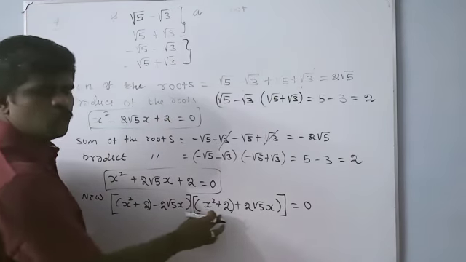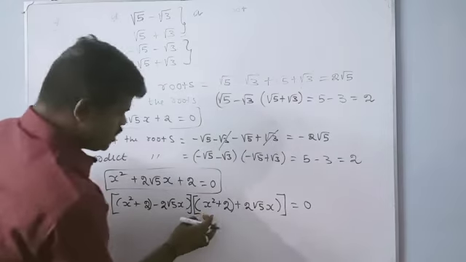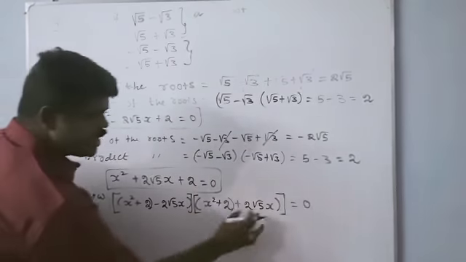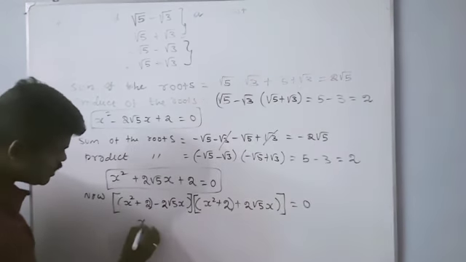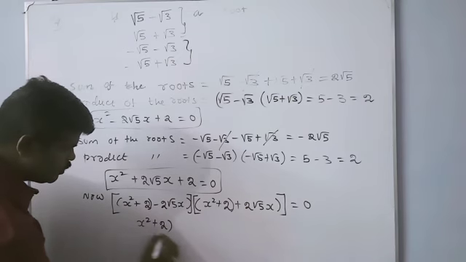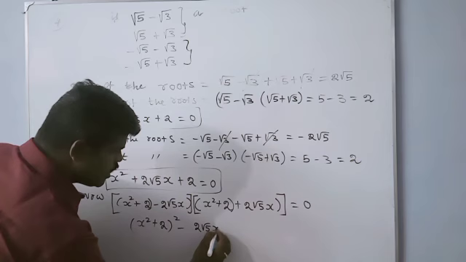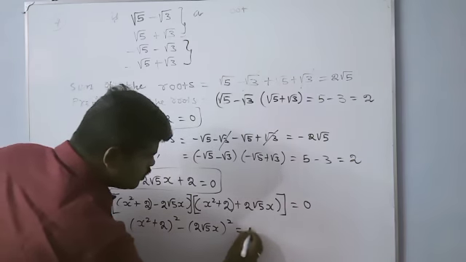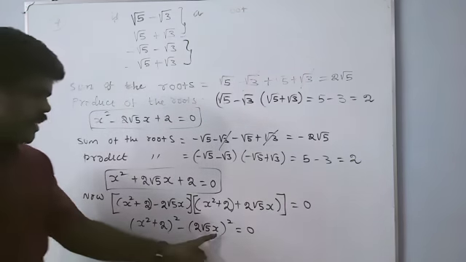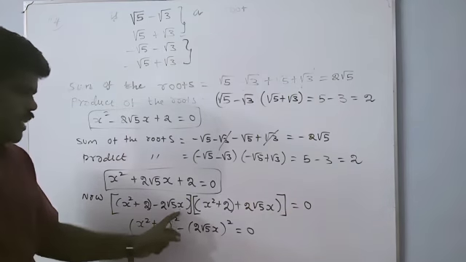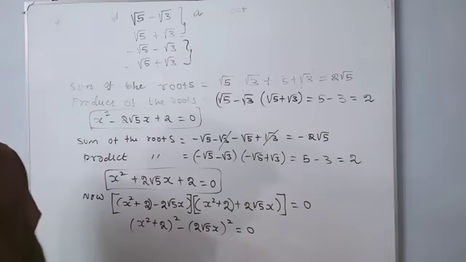The x square plus 2 term is the value of a. Now a minus b and a plus b are there. So x square plus 2 the whole square minus 2 root 5 x the whole square is equal to 0, because a square minus b square is equal to a minus b into a plus b.